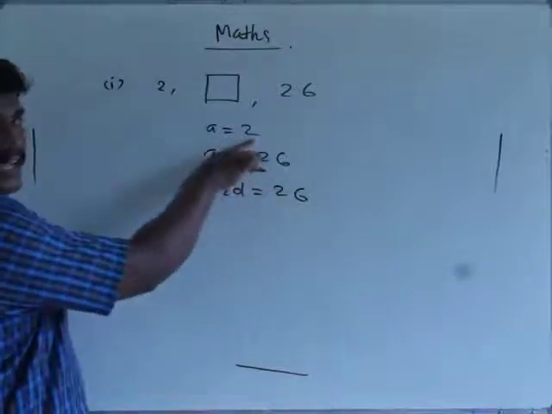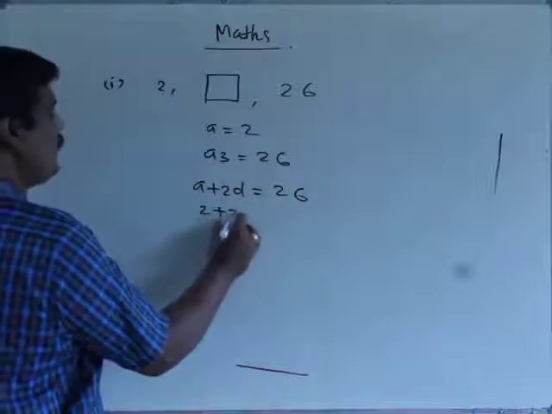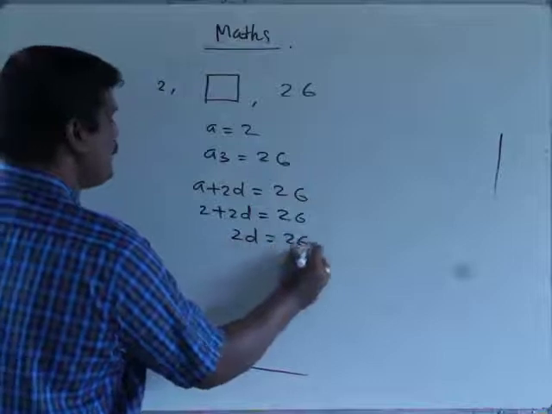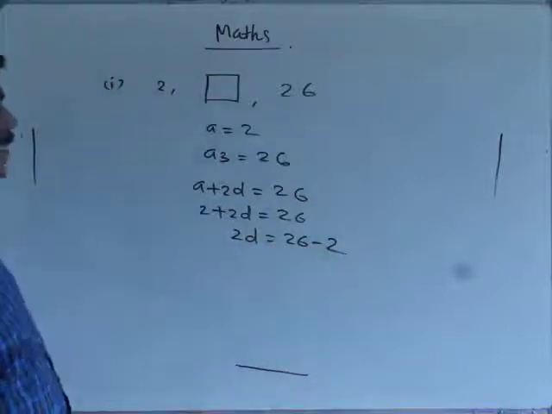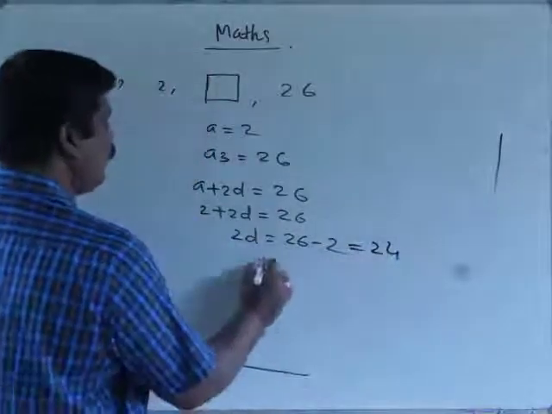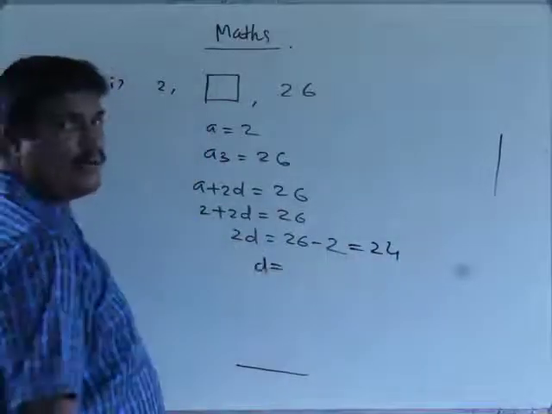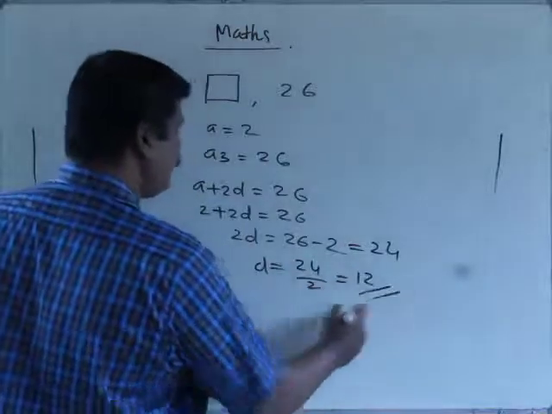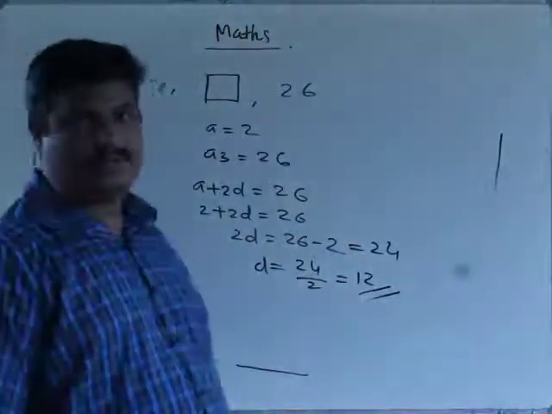What is a? 2. So 2 plus 2d equal to 26, then 2d equal to 26 minus 2, that is 24. Then d equals 24 divided by 2, that is 12. So d is equal to 12.